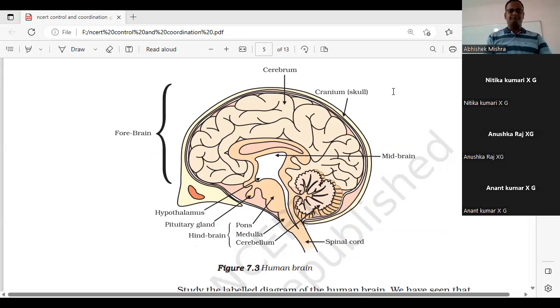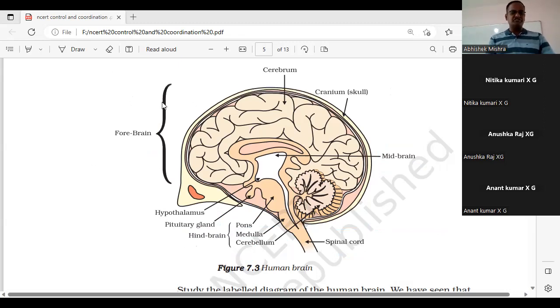Okay, Nisha, I will repeat the function of the forebrain. Okay, you asked me to repeat. See, student, the function of the forebrain.